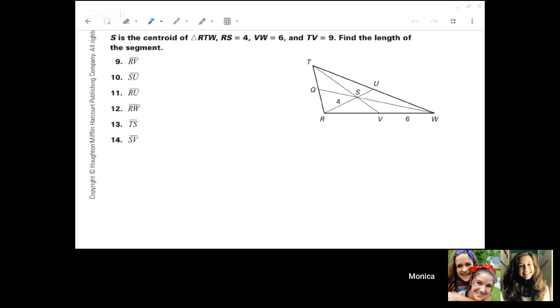When you are dealing with medians in a triangle, flip in your book to page 321. You see theorem 5.8?